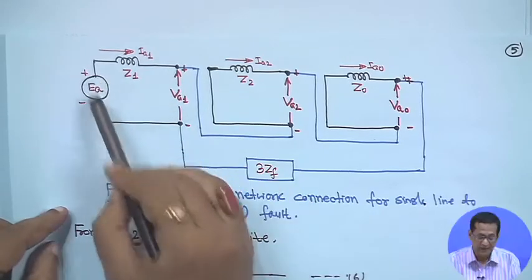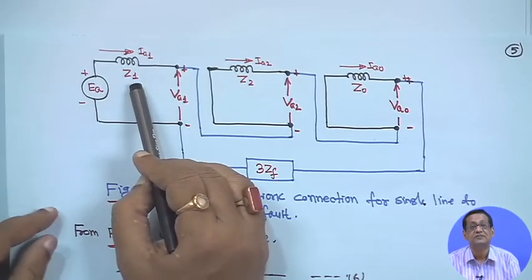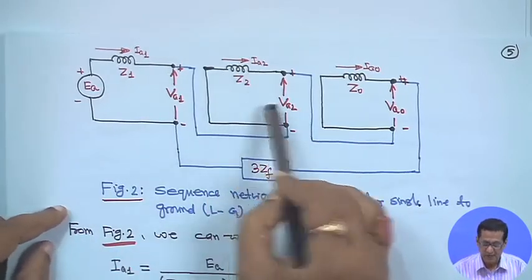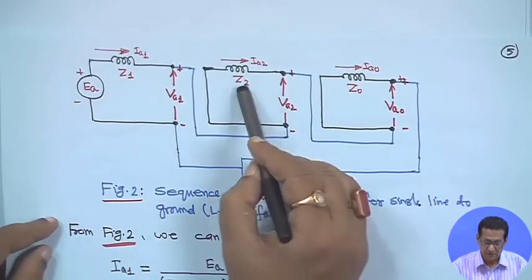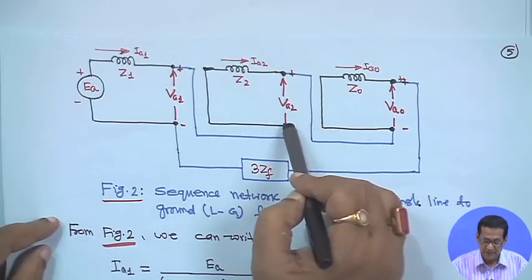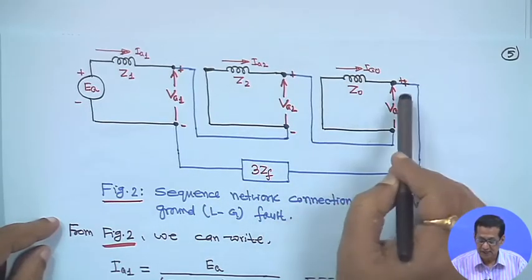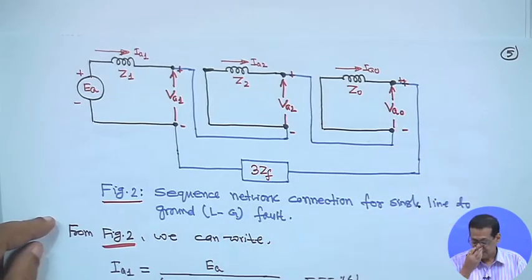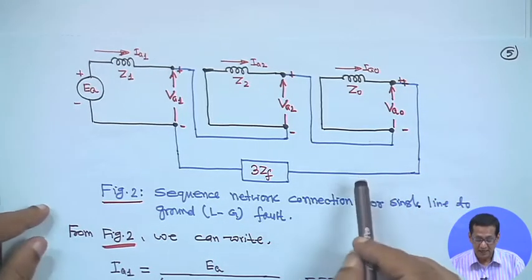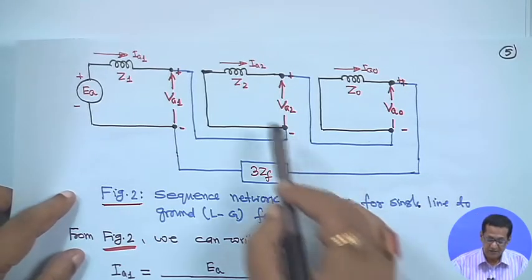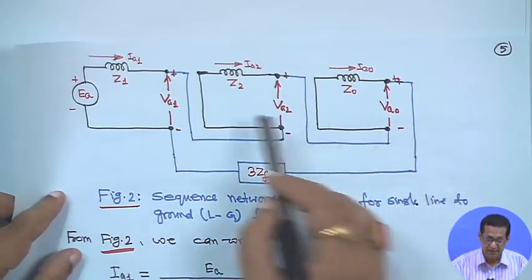EA will be there, plus minus, this is Z1, the positive sequence impedance, and the current is I1. Next, for the other two there will be no voltage source. This is Z2 and this voltage is VA2, and for zero sequence this is Z0, current is I0 and this is your VA0. As it is a series connection, all currents IA1, IA2 and IA0 are the same, equal to 1/3 IA.